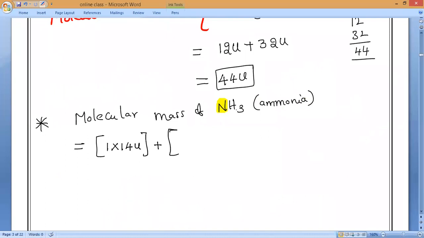Next, plus. What is the second element present here? Hydrogen.